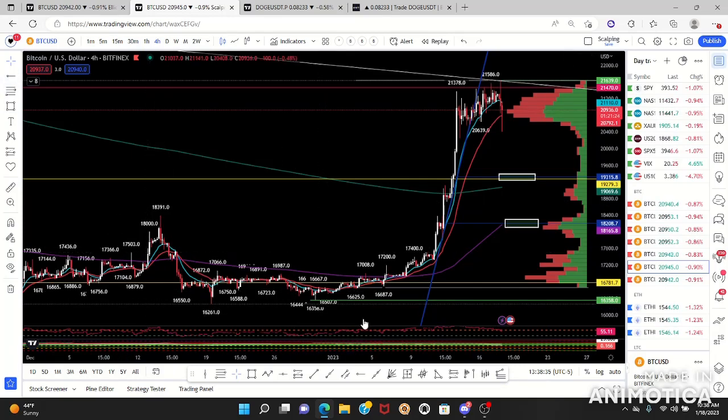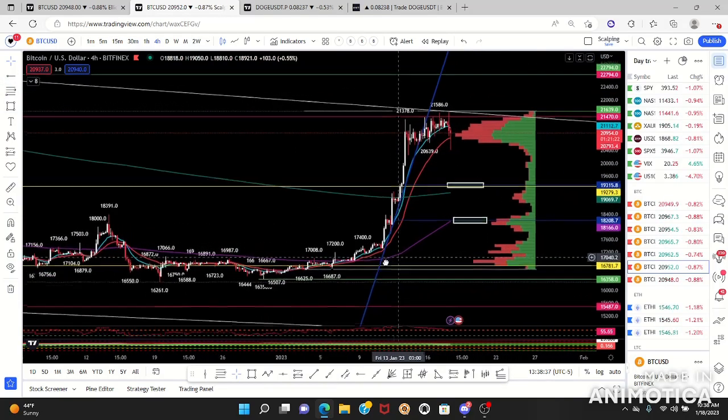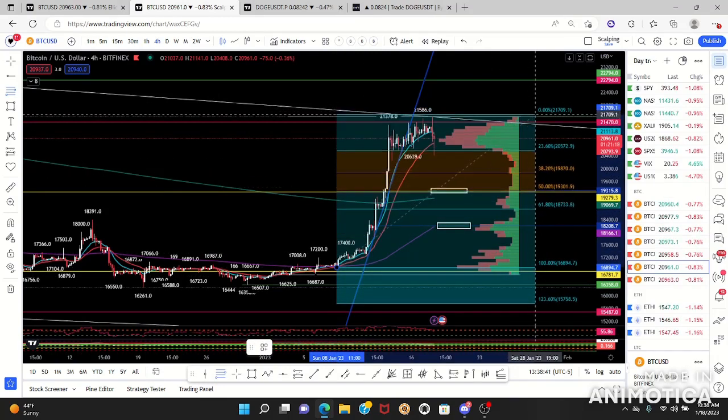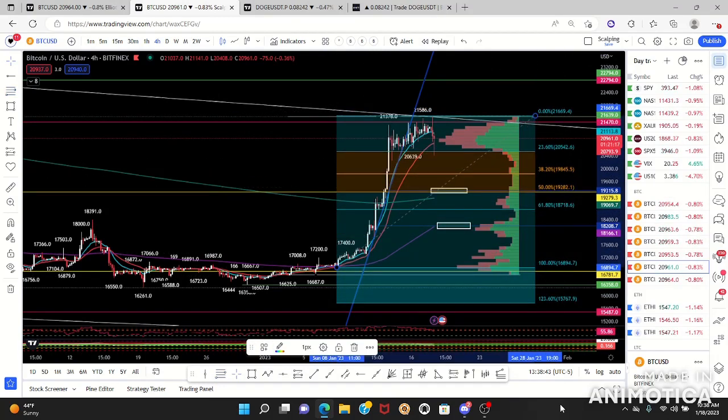So I also want to throw a fib. 50% retracement, perfect. POC minimum. So most moves, right? The chart moves in patterns and phases.